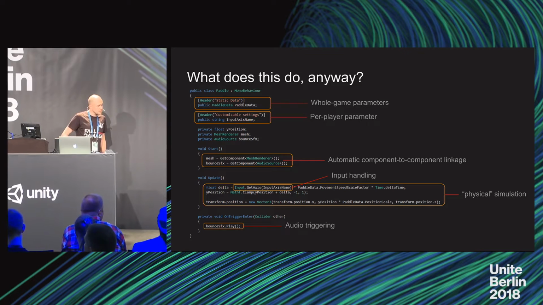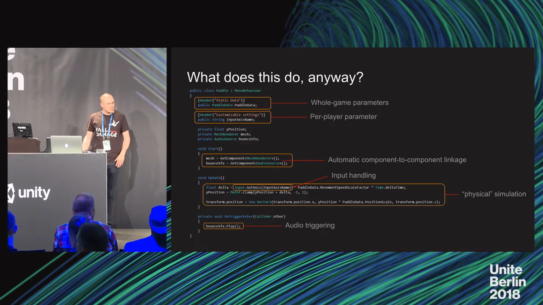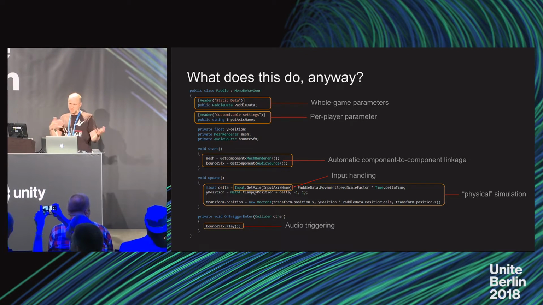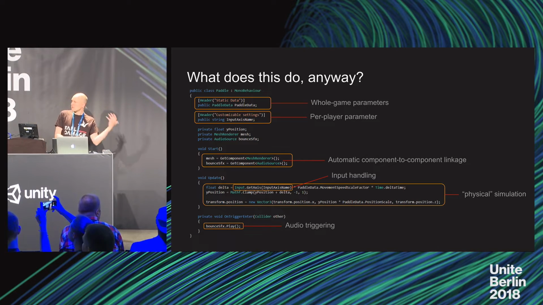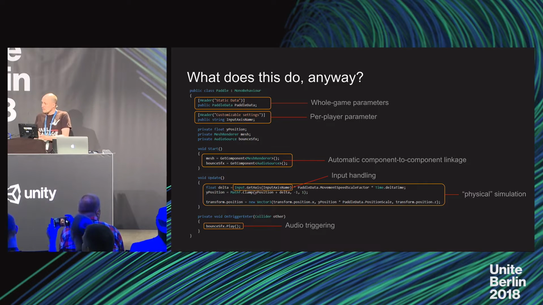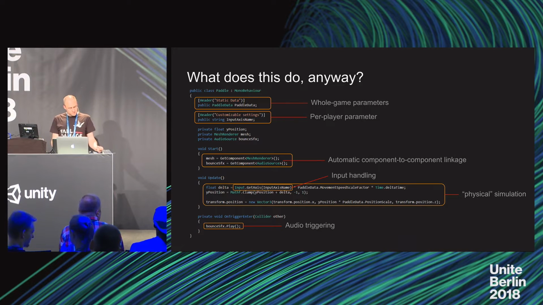However, if we look a step closer, then we could see that there are different kinds of parameters involved there. This thing finds other components. It handles inputs. It has a tiny simulation model for the paddle, and it also triggers audio. So if we wanted to, there's an opportunity to break things up here into smaller bits and pieces.